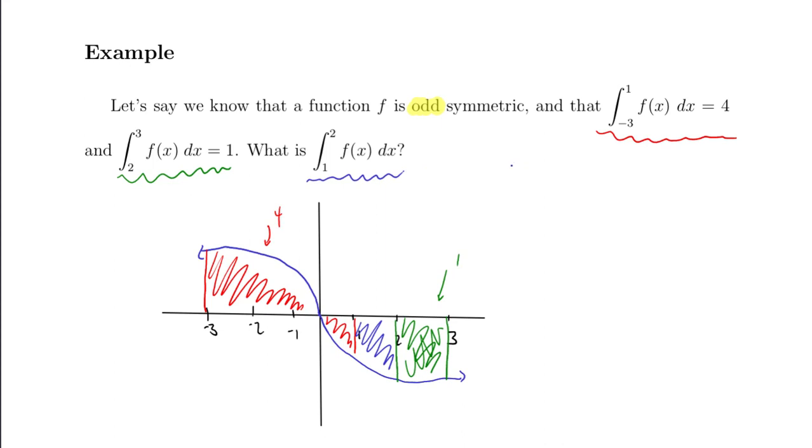Because we have this nice odd symmetric function. And so if the total area is 0, what I can do is say, all right, that means the area from -3 to 3 of f of x is 0. But what this really is the sum of all 3 of these areas, right? We can use that nice little midpoint property that says you can cut up an integral into portions and then just string them all together.